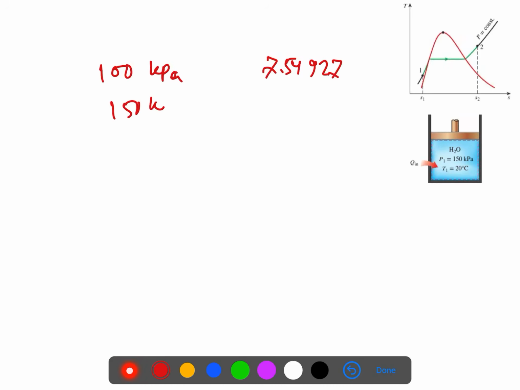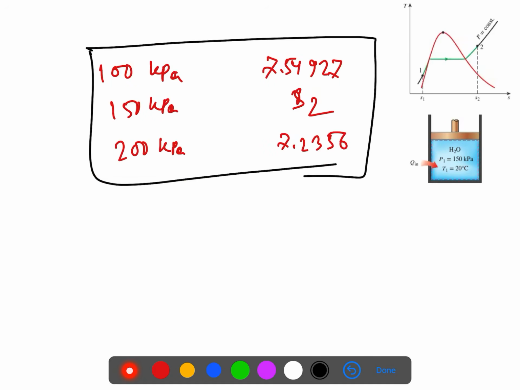For 150 kPa we are looking for this s2, and for 200 kPa we got 7.2356. If we do this interpolation again, the value of s2 will be 7.3674 kJ/kg·K.